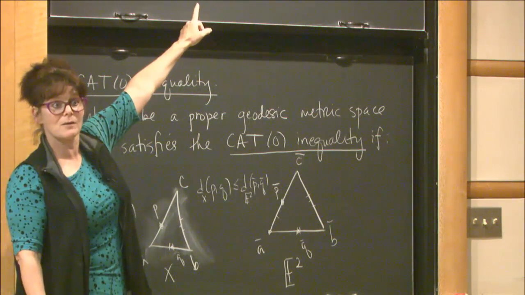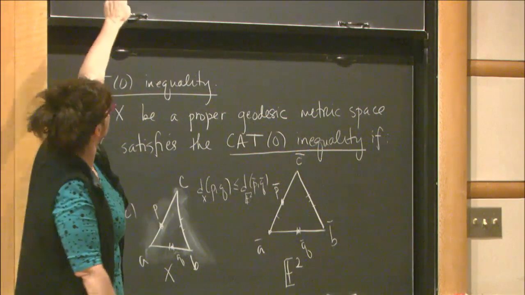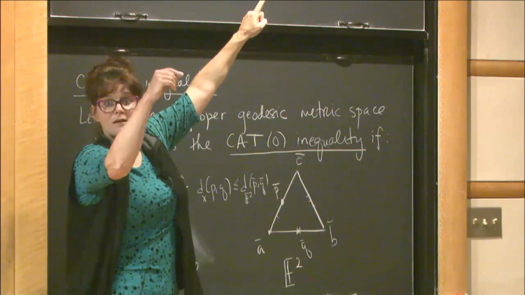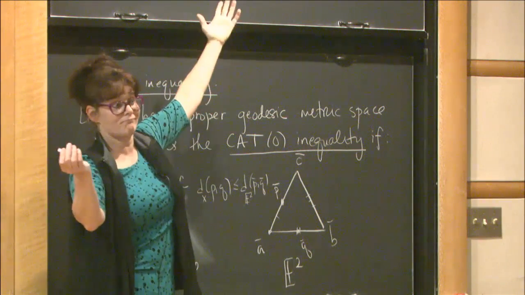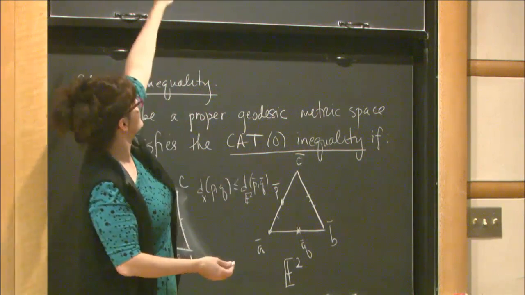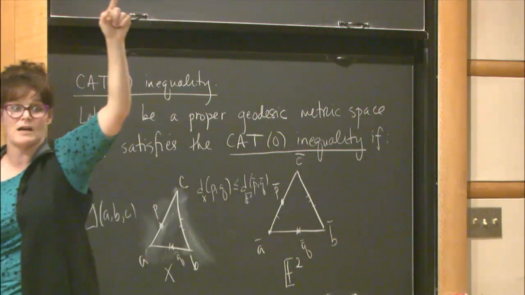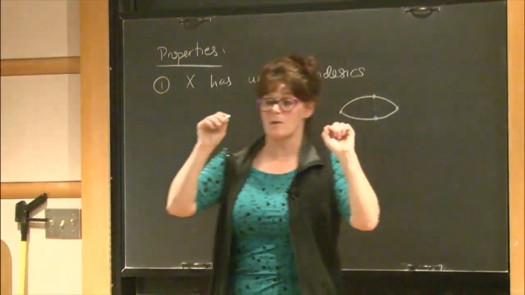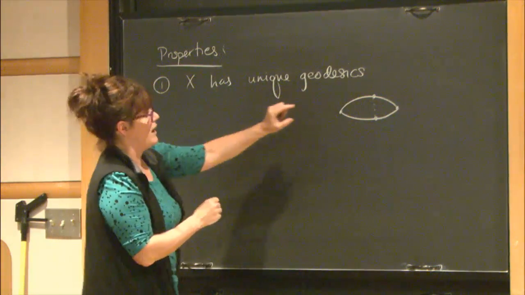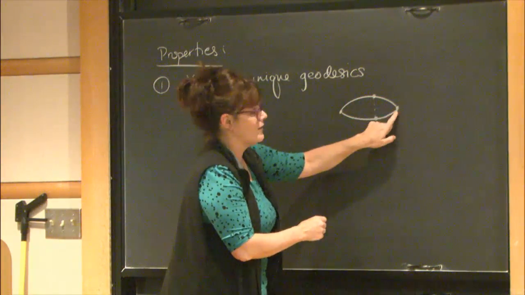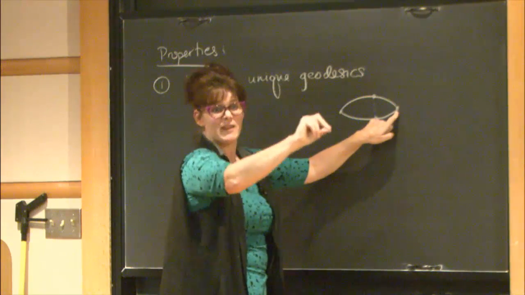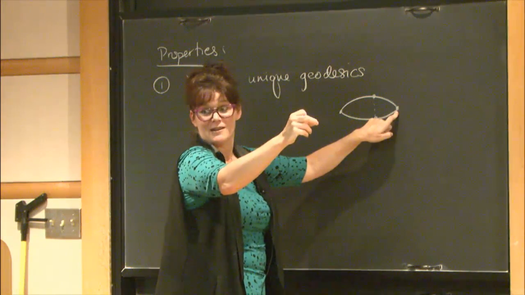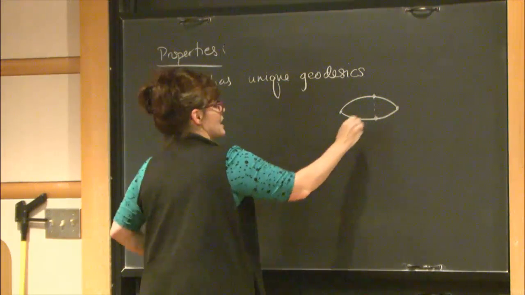I have similar triangles. I have that same inequality on the top with a less than or equal to sign. Right? So over here, you can see I can't have 2 geodesics between a pair of points. Because if I go halfway out, they have to be half of the distance between the other pair, but that's 0. Right? That's another way to think about it. This follows directly from that. So this can't happen.